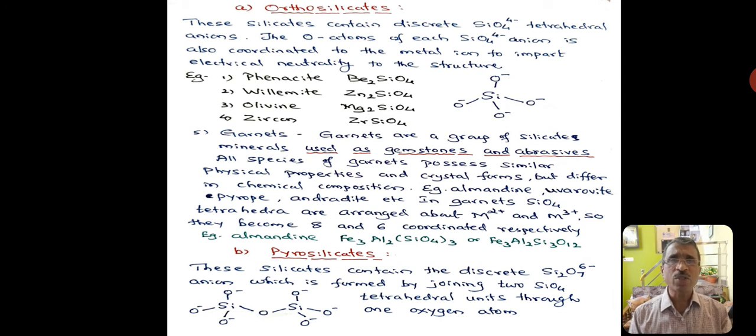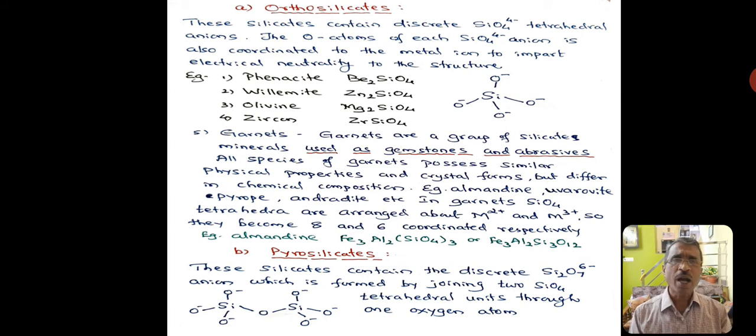Similarly, Fe valency is +2, 3 Fe, +2 into 3 is +6, +6 and +6 is +12, and silicate -12. The charge is balanced and the mineral formula is right. This is how you must be able to write and remember the formulas of various silicates.